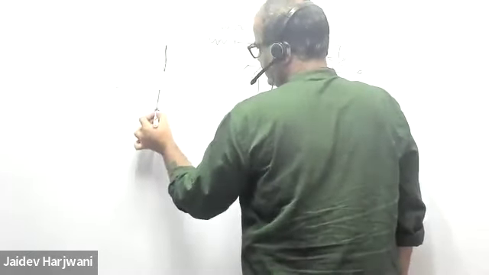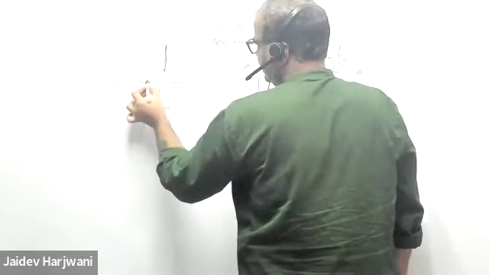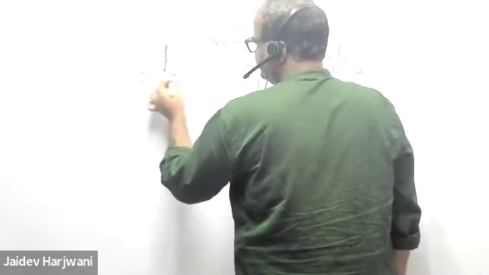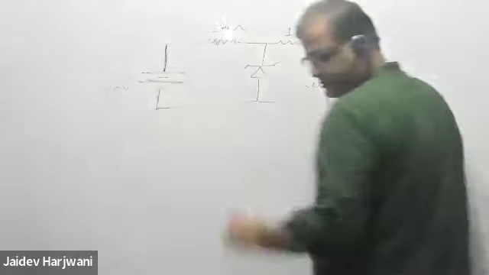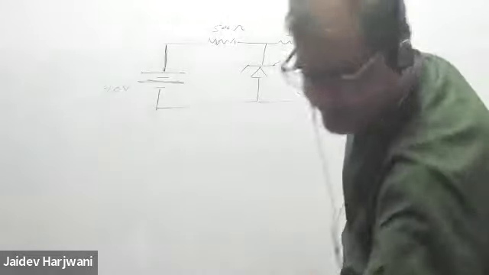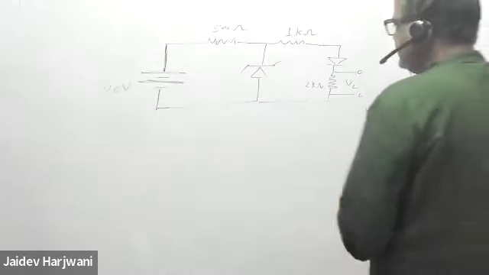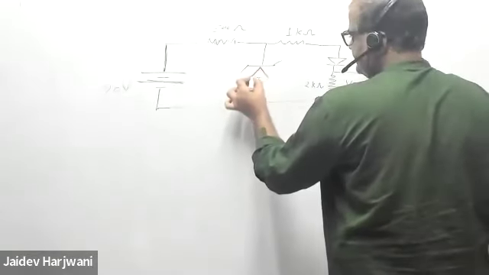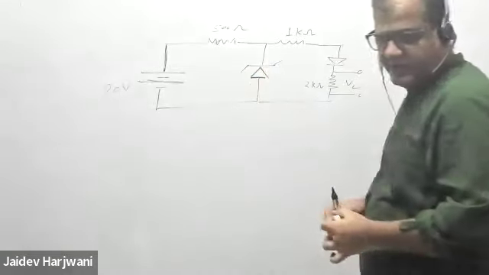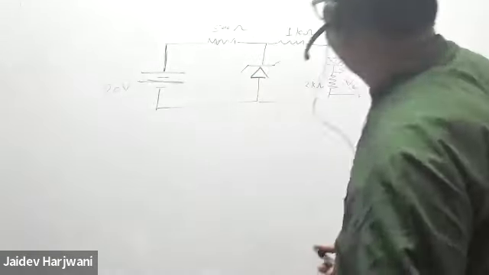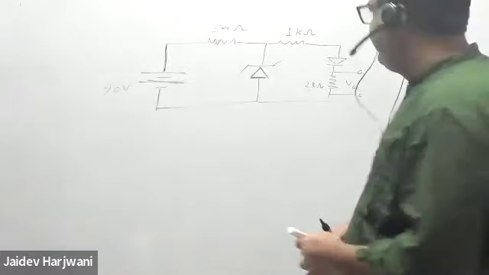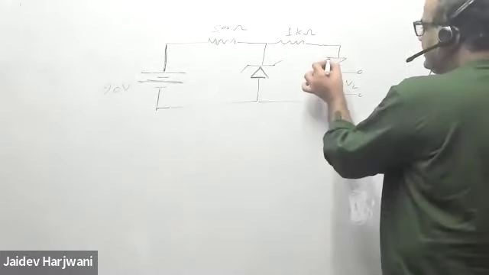Okay, this is a 20-volt battery. So what is the possibility here? I have a Zener diode here, and then I have a normal diode. So first let us find which diode is conducting.